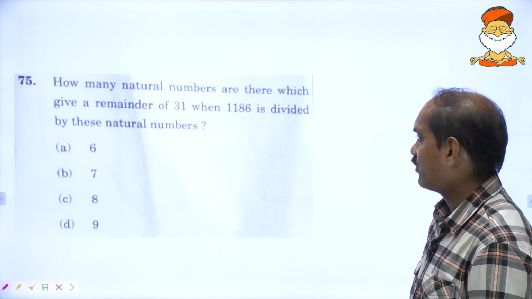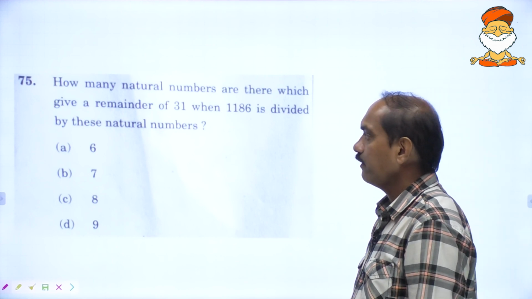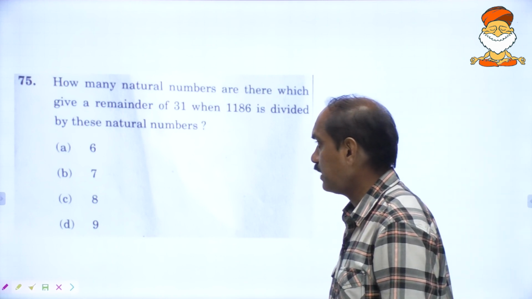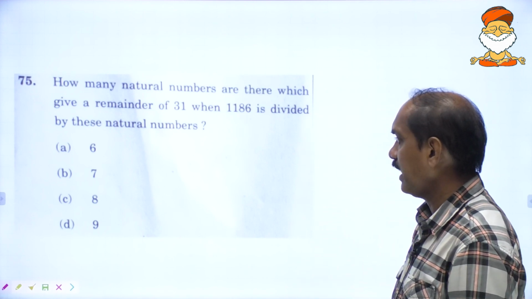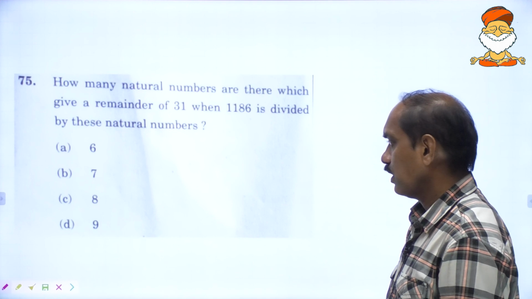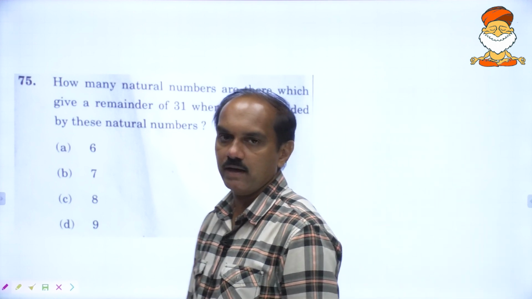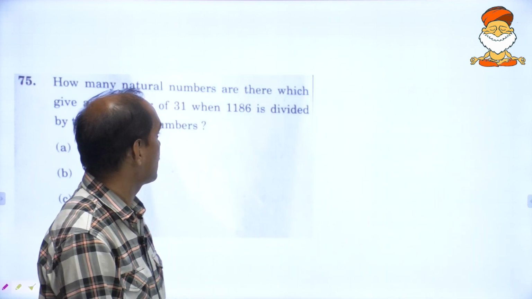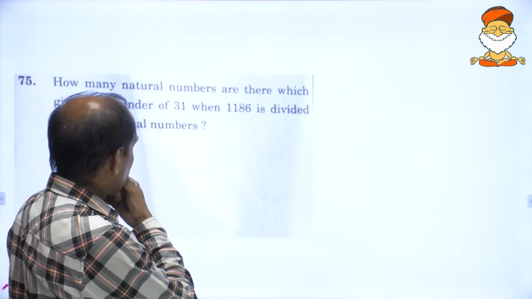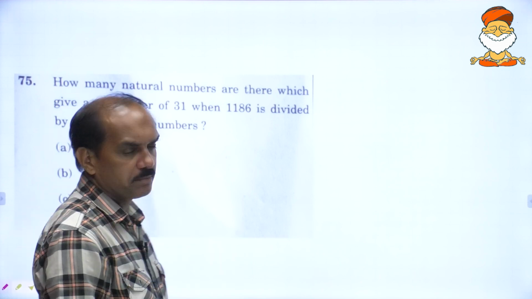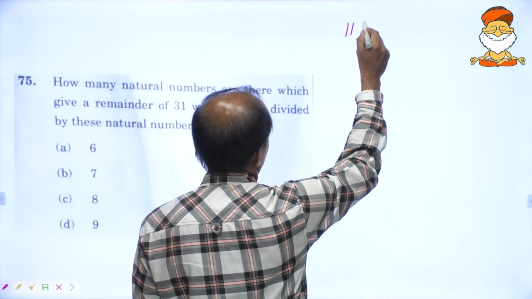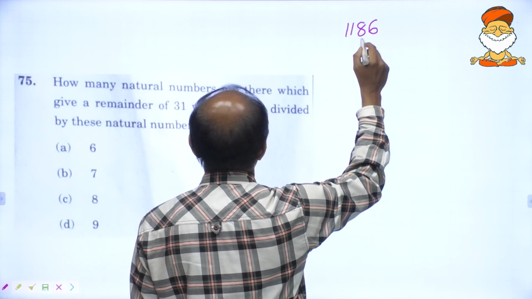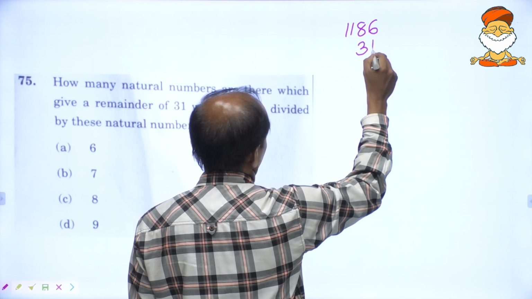How many natural numbers are there which give a remainder of 31 when 1186 is divided by these natural numbers? Your options are 6, 7, 8 and 9. See, every time we want the remainder 31 and the number is 1186.